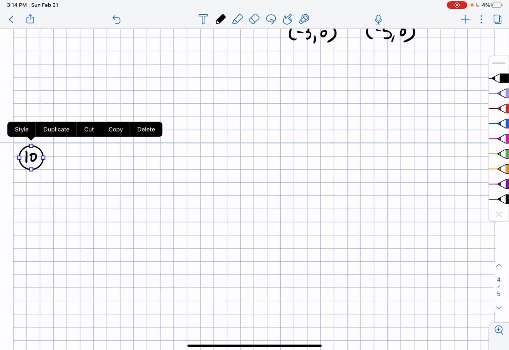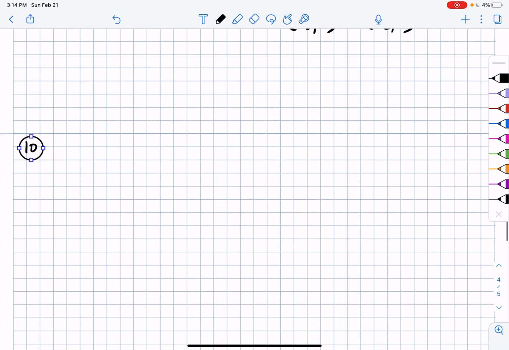Oh no. Okay. Number 10 wants you to graph this. The f of x is equal to 2x over x minus 3. Okay. So, number 1.